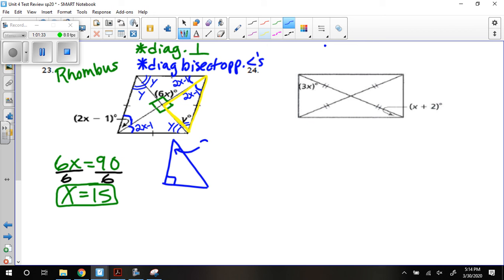This top corner is the 2x minus 1, and the bottom corner is the y. Now I know what x is, so I can say this is 2 times my 15 minus 1. So we've got 30 minus 1, which means this top corner here is a 29.